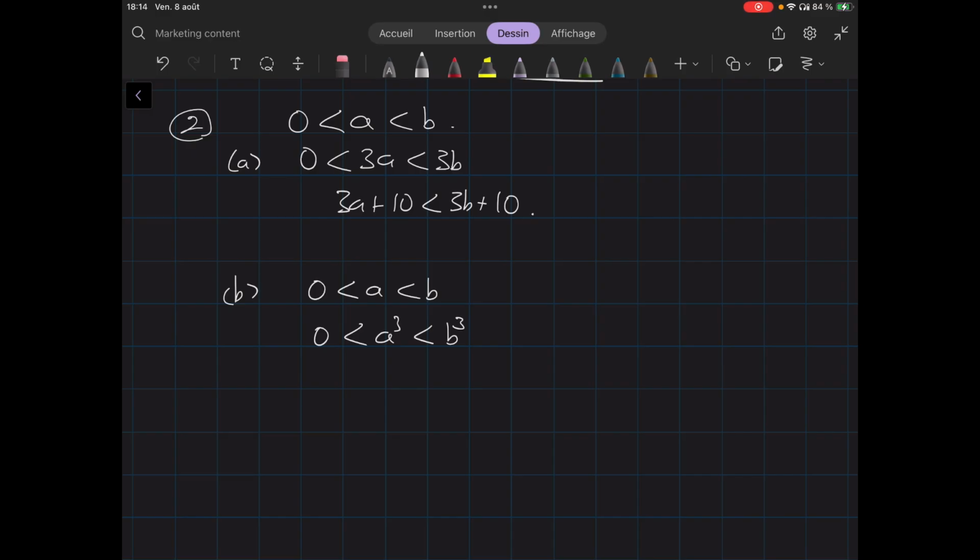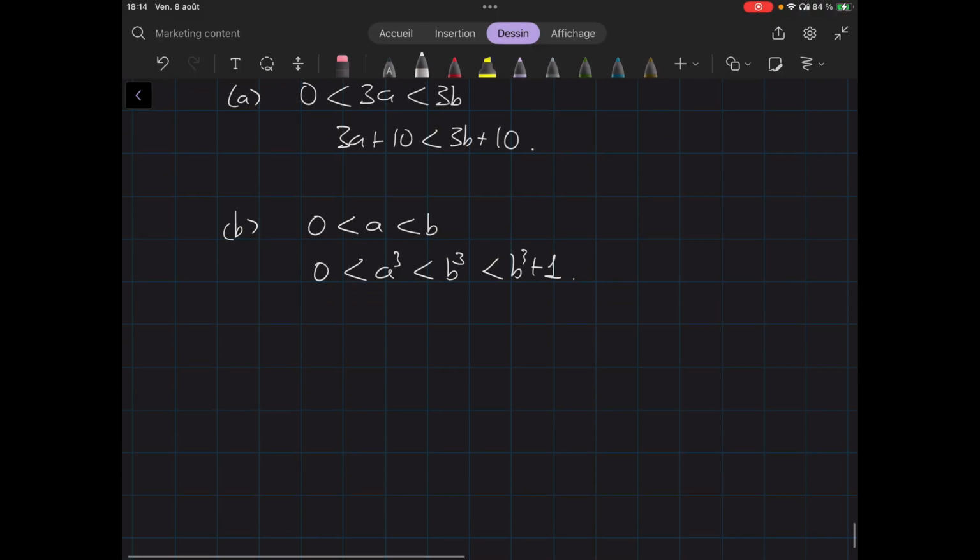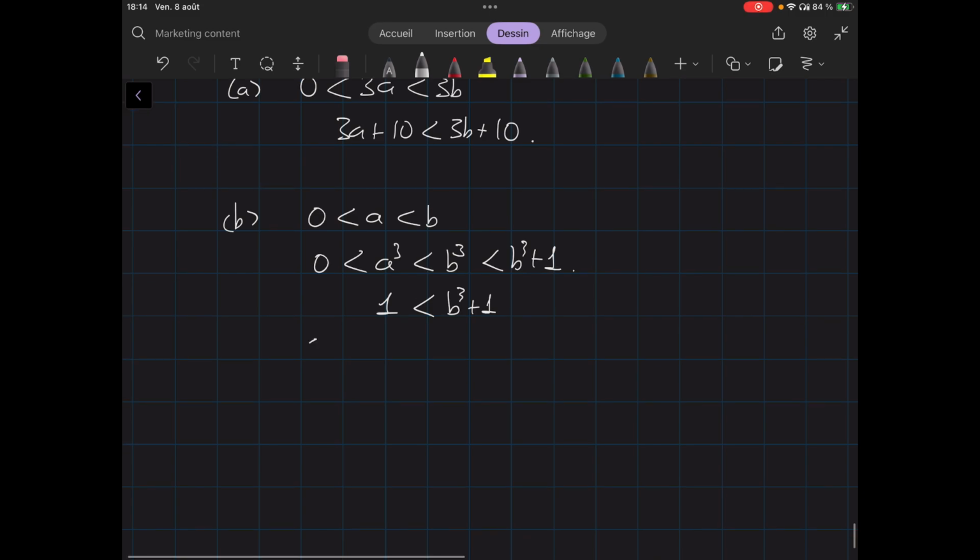B cube is less than b cube plus 1. If I want to be even more precise, I can say 1 is less than b cube plus 1. Therefore, a cube divided by b cube plus 1 has to be less than 1.